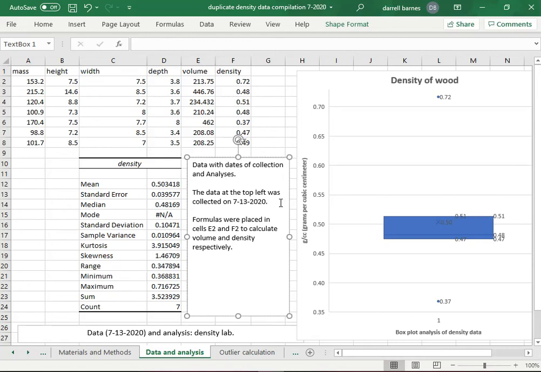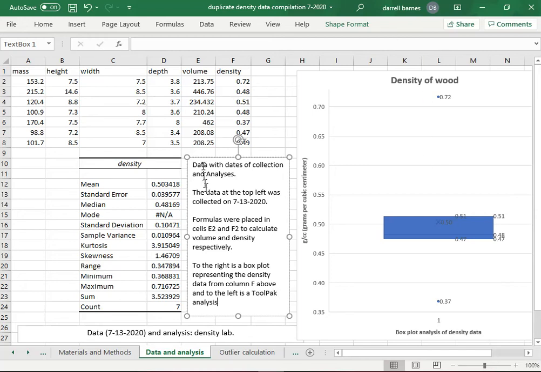Okay, and then to the right is a box plot representing the density data from column F above, and to the left is a tool pack analysis.